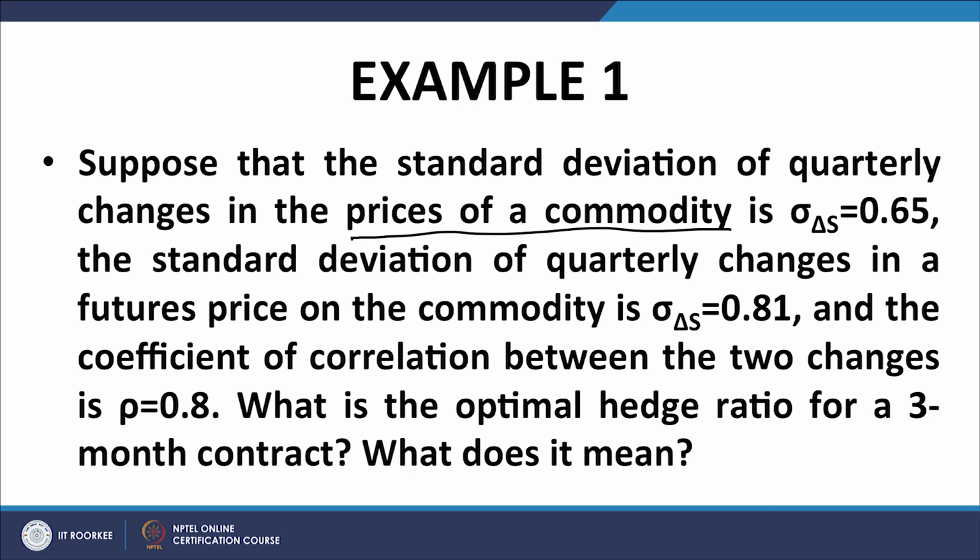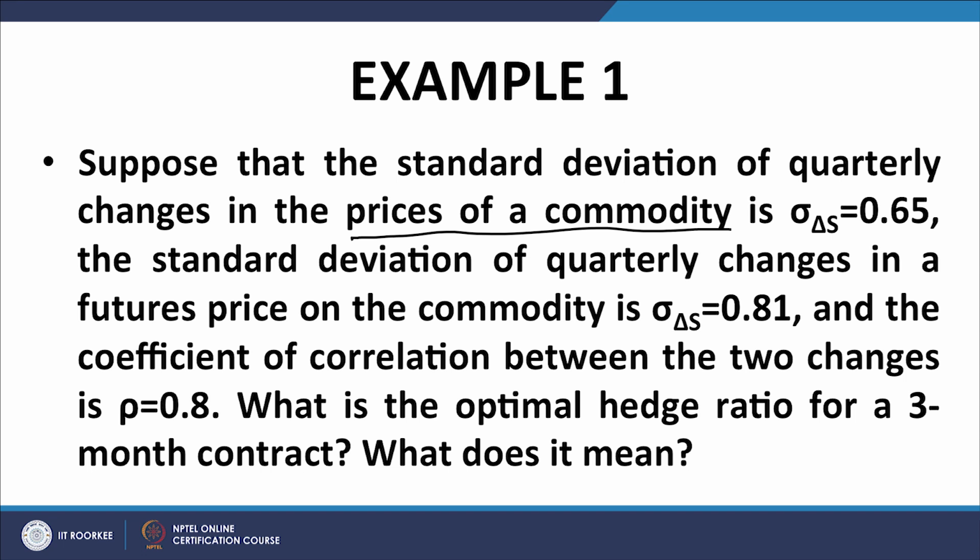We are having the same commodity and futures are available on that commodity, and the standard deviation of the price changes is 0.81. The correlation coefficient between the two is 0.8. So, this is rho and he wants you to work out the optimal hedge ratio.